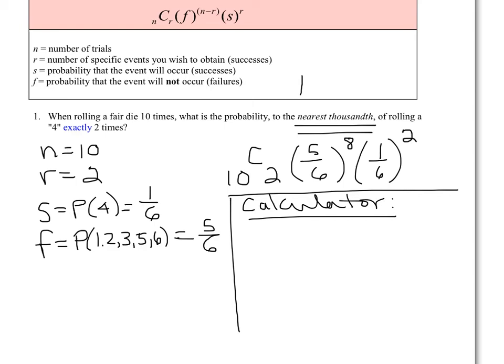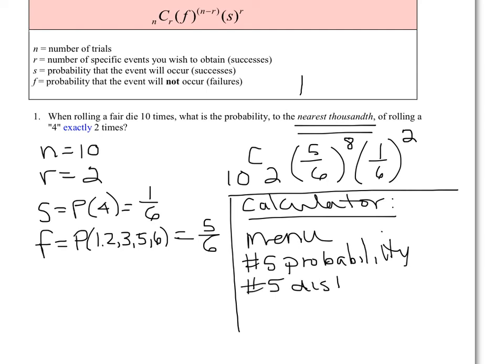In my calculator, I'm going to hit Menu, number 5, Probability, number 5, Distributions, letter D, which stands for binomial distribution, and it says binomial PDF.